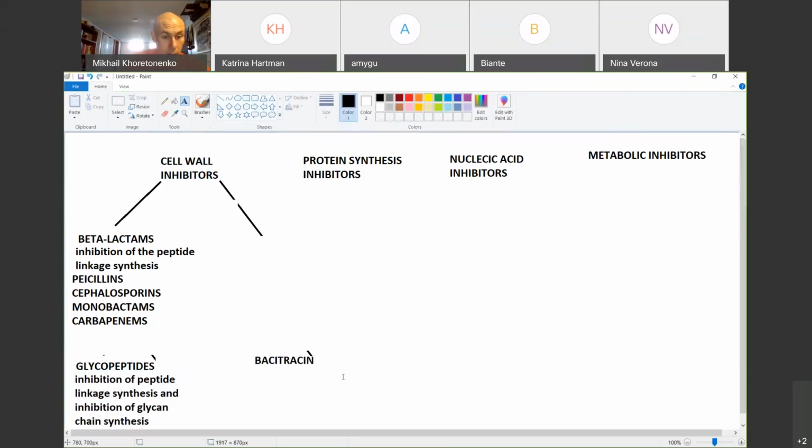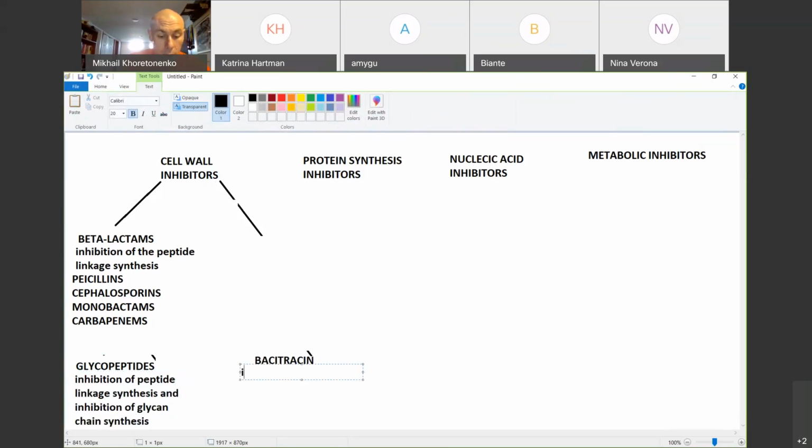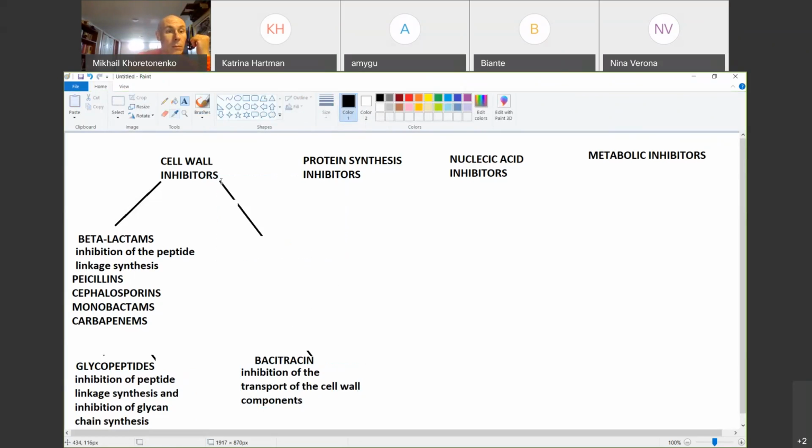Bacitracin, it's going to be inhibition of the transport of the wall components. Okay, so that covers the cell wall inhibitors. I'm going to try and make it look nicer. That's your cell wall inhibitors.